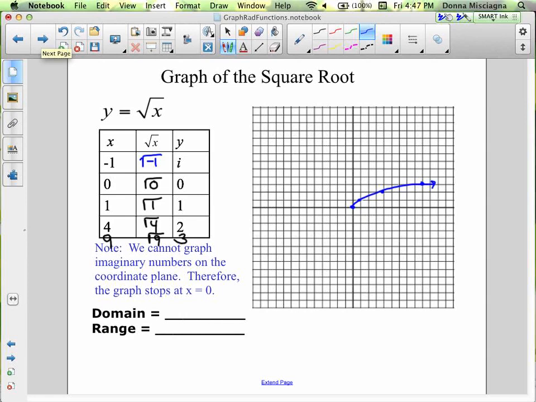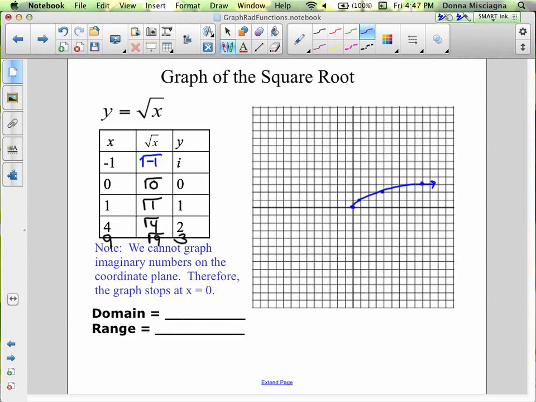All right, notice we have nothing on the negative side for x. Notice that we have nothing on the negative side for y either. We kind of have a starting point, and then our function is growing in one direction and one direction only.